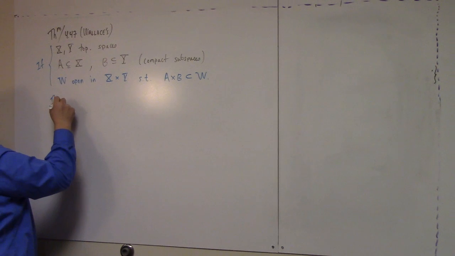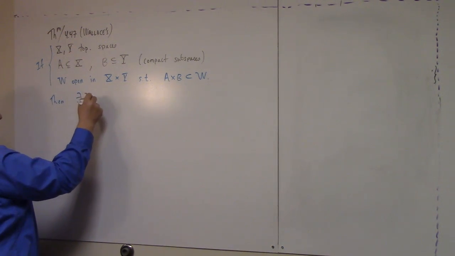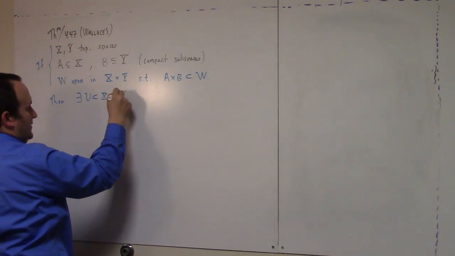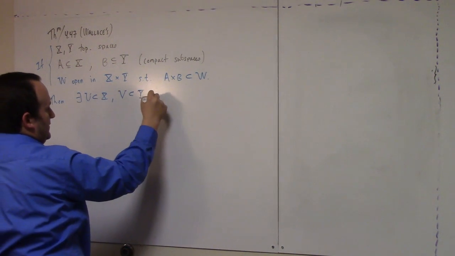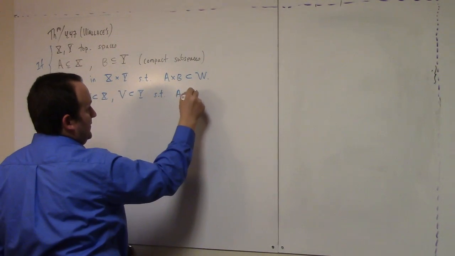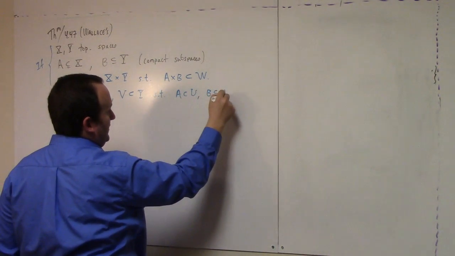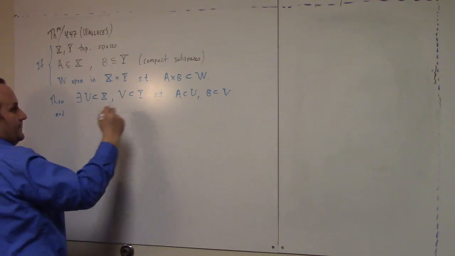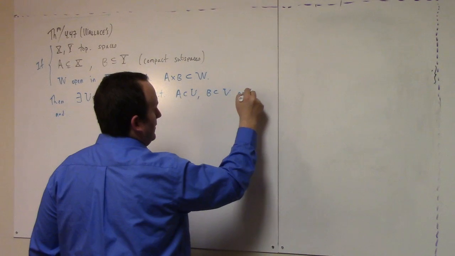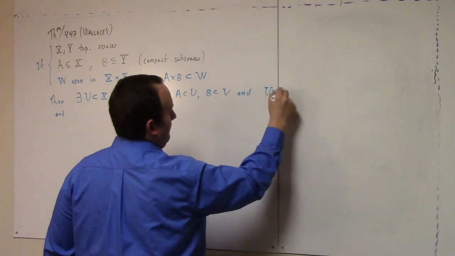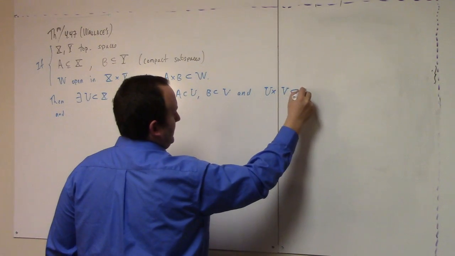And there exist U a subset of X, V a subset of Y, such that A is a subset of U, B is a subset of V, and U cross V is a subset of W.